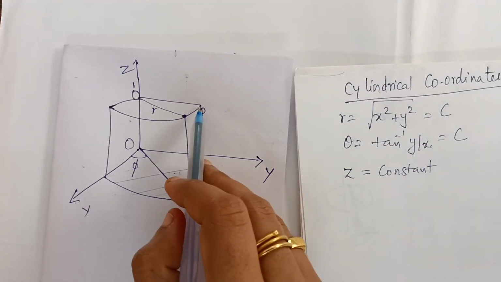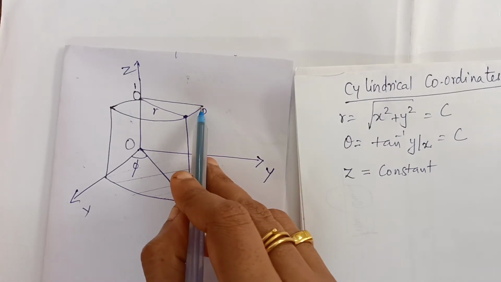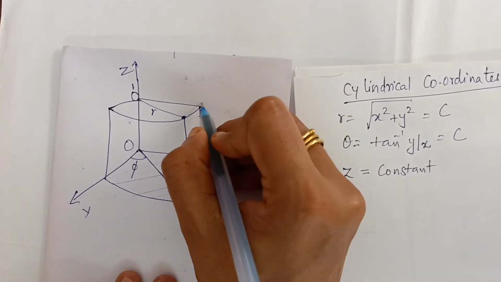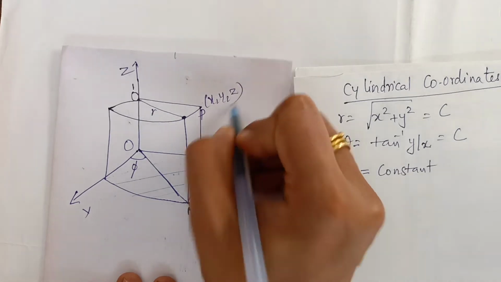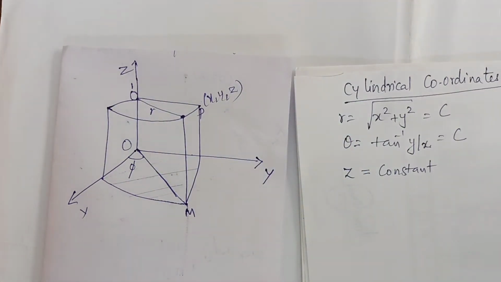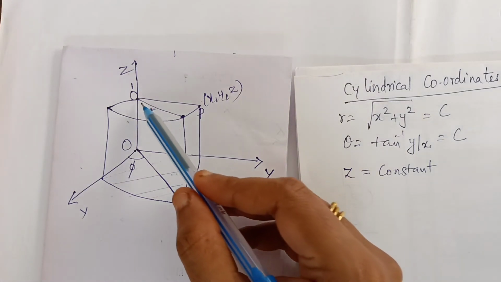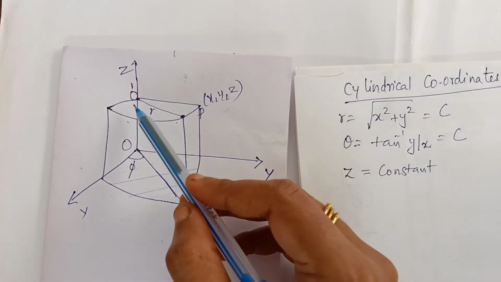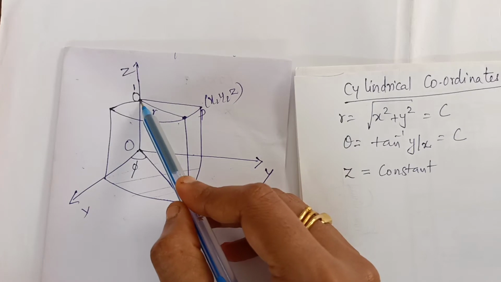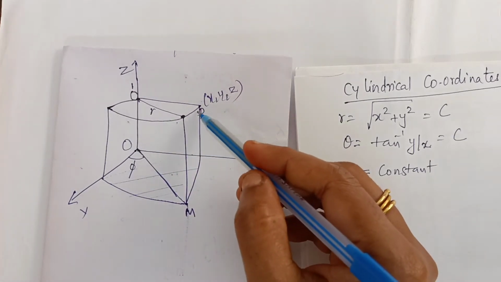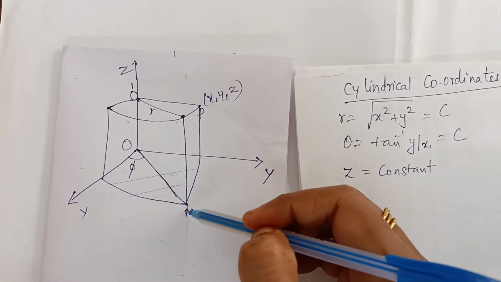For that we have considered a point P in space, and it has Cartesian coordinates x, y, z. To find the position of P in cylindrical coordinates, we have drawn the radius vector r from O dash. Then we have drawn the perpendicular PM to the Z axis.